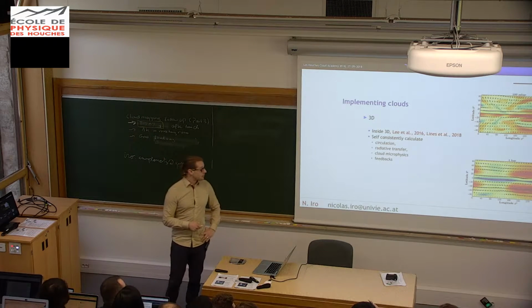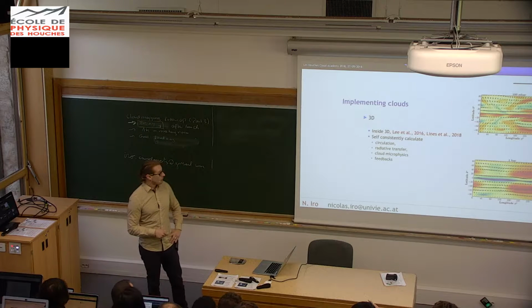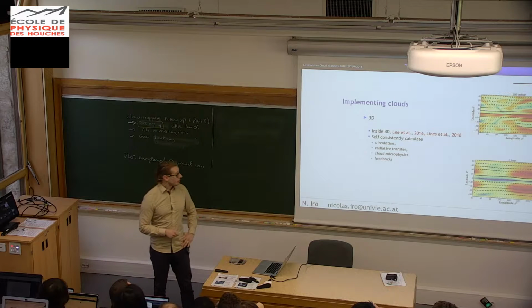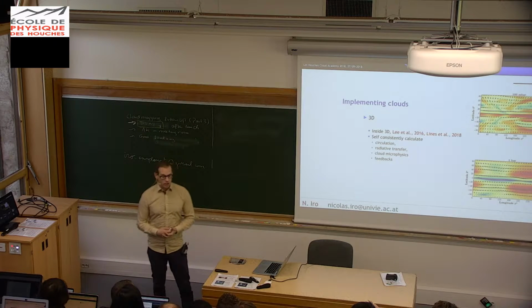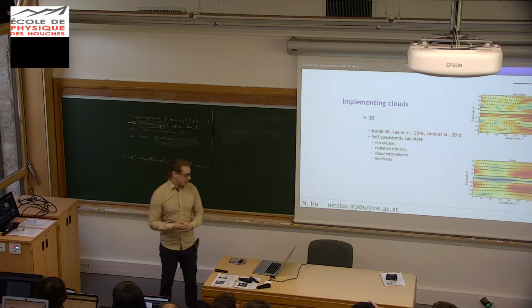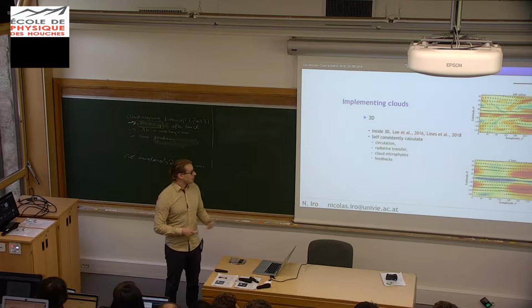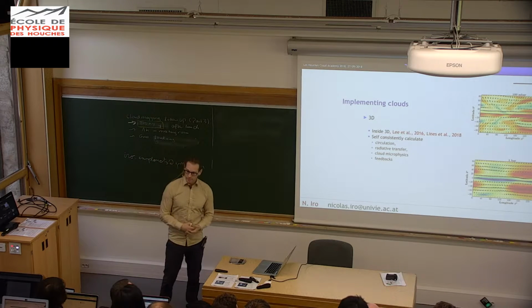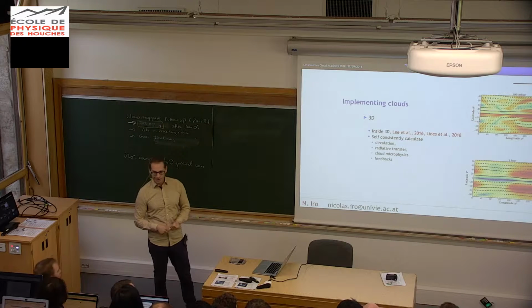There are a couple of models who did that, and that's, in my opinion, the state of the art, but it's obviously not affordable for everyone, of course. So I conclude here: you can pick a method of including cloud in your GCM.